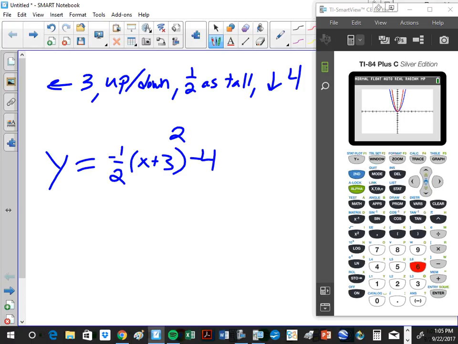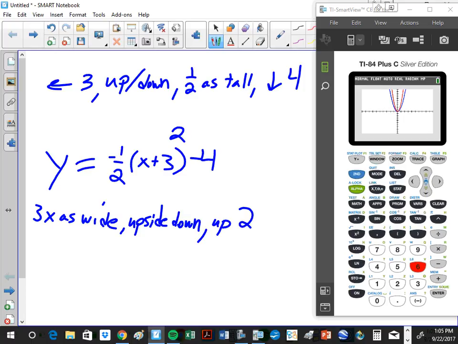Do another one? Okay. So let's say 3 times as wide, upside down, and up 2. How do we make it 3 times as wide?